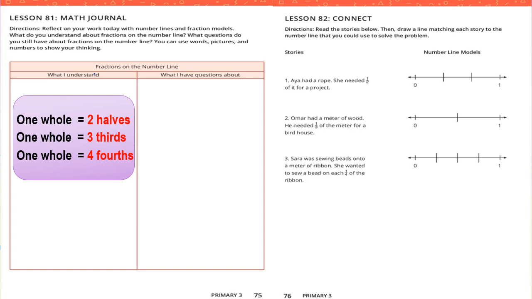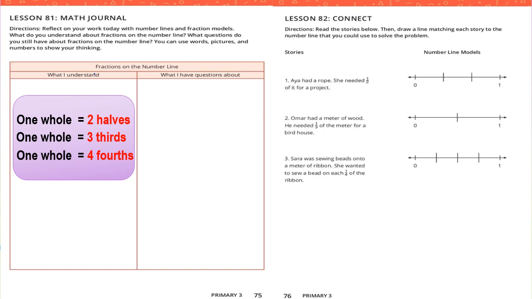To make 2 equal parts on the number line, how many dashes will we need? Subtract 1 from the denominator. So we will need only 1 dash to make 2 equal parts.